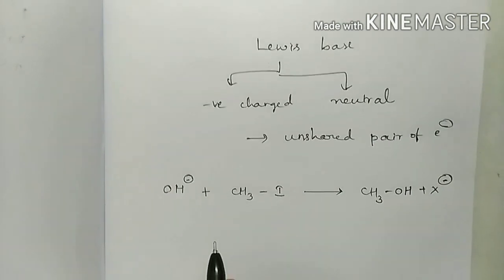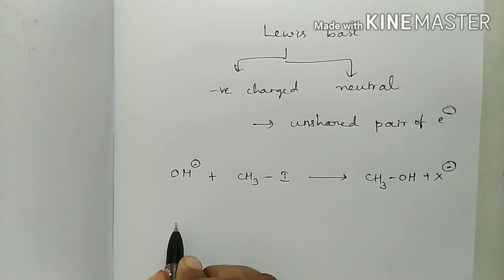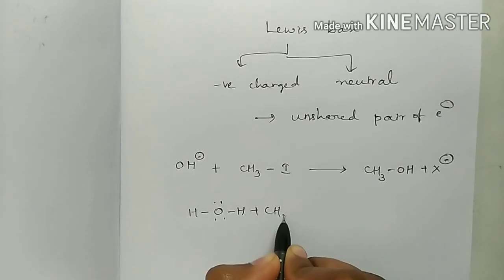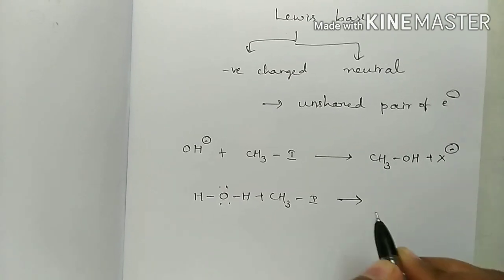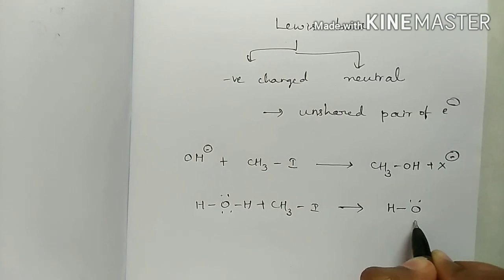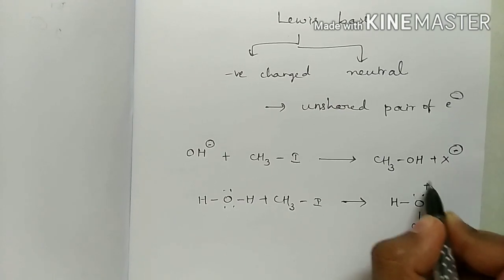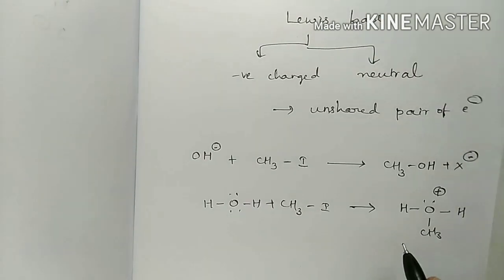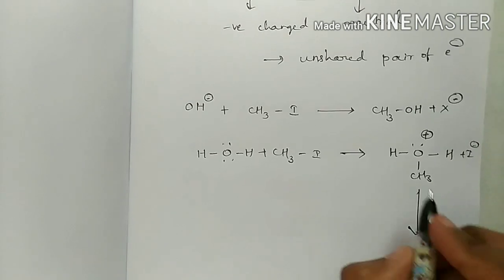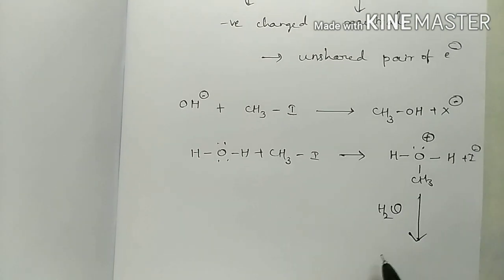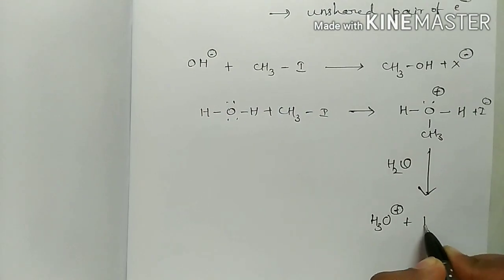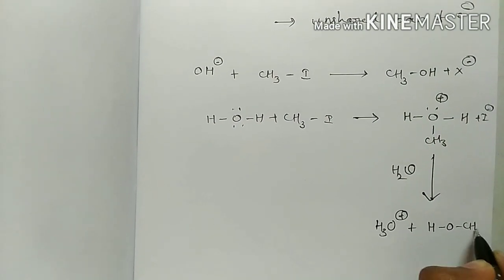But if we take a neutral nucleophile such as a water molecule, when it reacts with methyl iodide, it first forms a positively charged product, and then after deprotonation, we will get the neutral product, which is an alcohol.